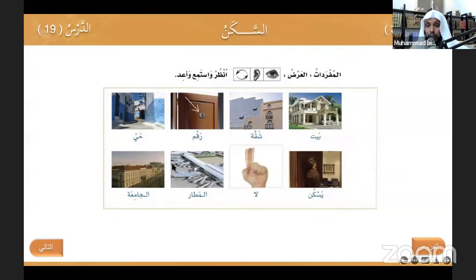So these are two places. So far we've got three places. We've had masjid last week, and this week another two places outside the house, المطار and الجامعة. Okay, المطار being the airport. What is حي? حي means neighborhood. Okay, طيب, ممتاز. Going on to the next dialogue.